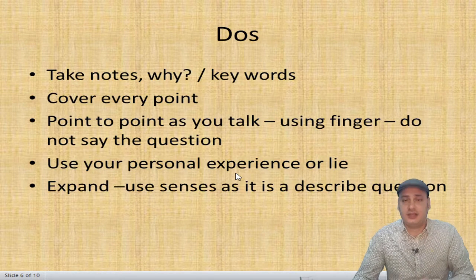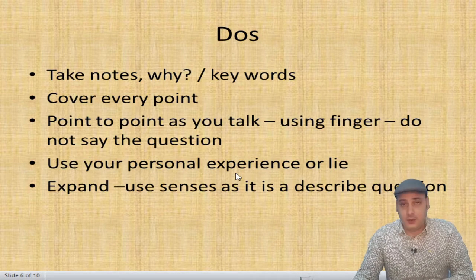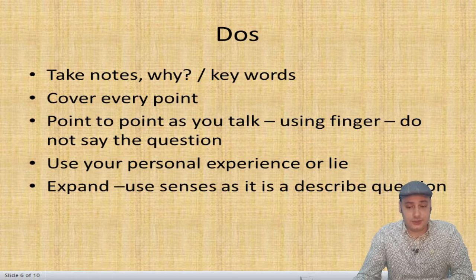Don't just give a one sentence answer. More importantly, don't give a one word answer. Where is the museum? In Muscat. Who did you go with? My family. Don't do that. You're going to lose a lot of marks. Okay?